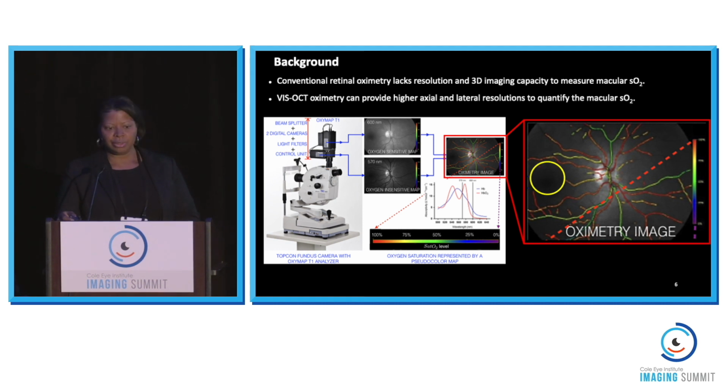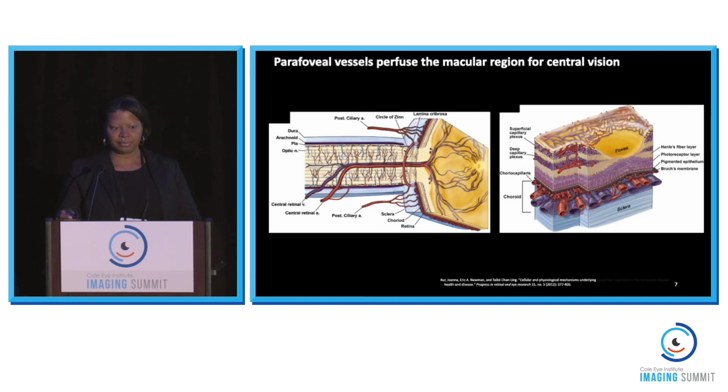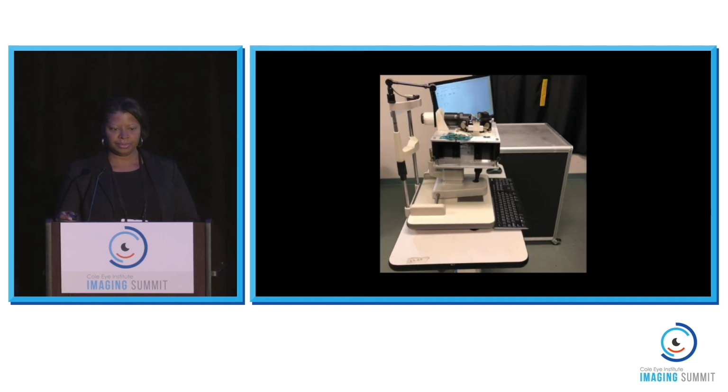I'm going to show you innovations here from the team that is able to target the macula where the vessels are finer and give us more information about oxygen saturation for those diseases that affect the retina, particularly the macula. We know parafoveal vessels perfuse the macular region, help us with our central vision, and are highly reliant upon circulation and oxygenation.